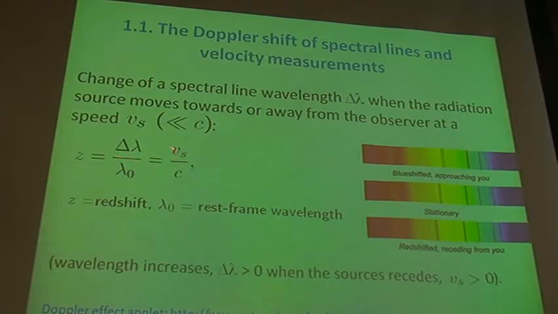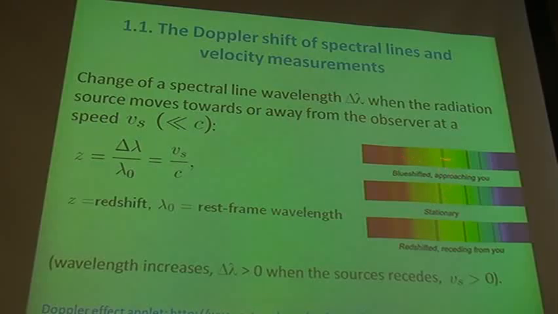If the source of electromagnetic waves moves at the velocity Vs with respect to the observer, then the wavelength of a spectral line will be shifted by this amount delta lambda, which is proportional to the unshifted wavelength, and also the ratio of the velocity of the source to the speed of light. This is an example of a part of a spectrum with several lines.